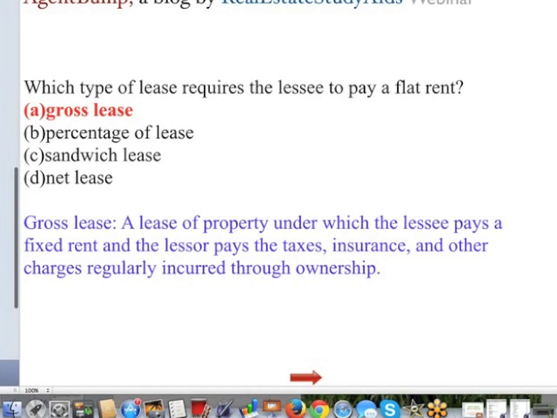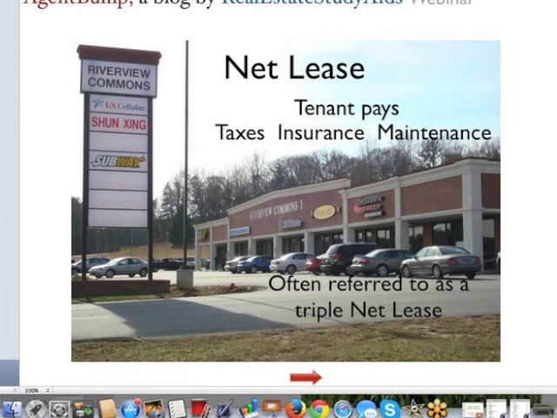A. Yes, A. Good job. Here's our net lease. Tax, insurance, maintenance. Often referred to as a triple net lease. And I have my picture of my commercial building. So you get the idea. This is more for commercial property. This is not standard for a residential property.